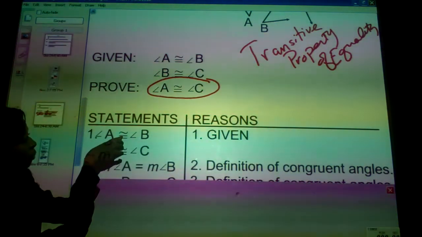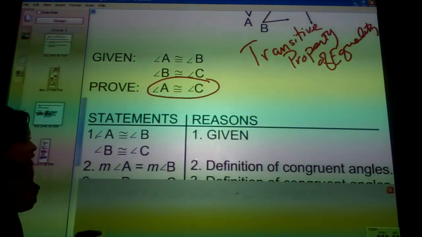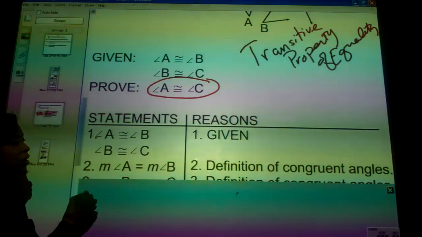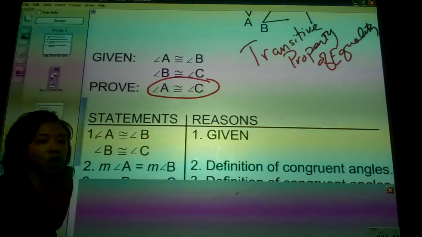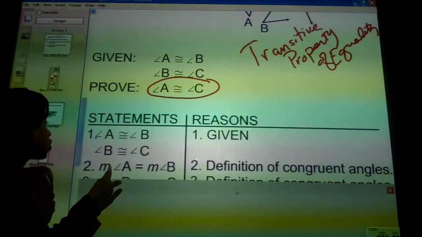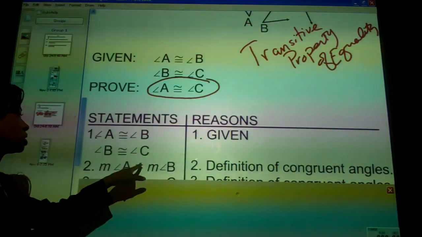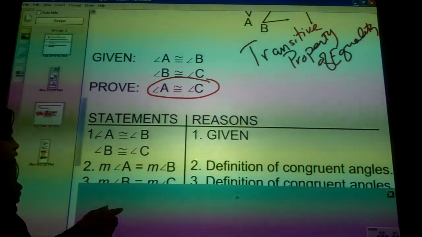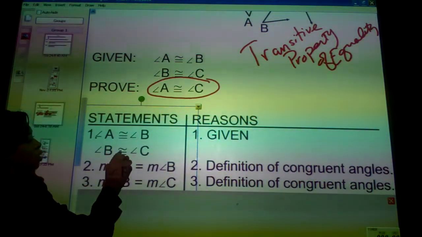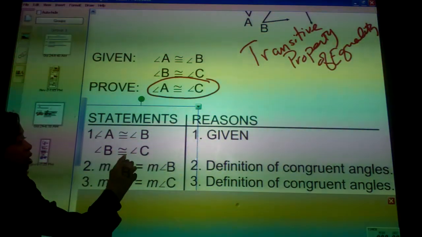So I'm transforming from congruent to equal. We did that with segments. How do I go from congruent to equal? I put the measure sign in here. That's because of the definition of congruent angles. If they are congruent, then they will also be equal. So I'm going from congruent to equal in this next statement. I also wrote in here that the measure of angle B is equal to the measure of angle C, which was given up here as B is congruent to C.